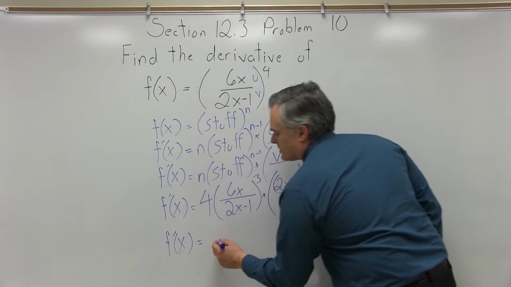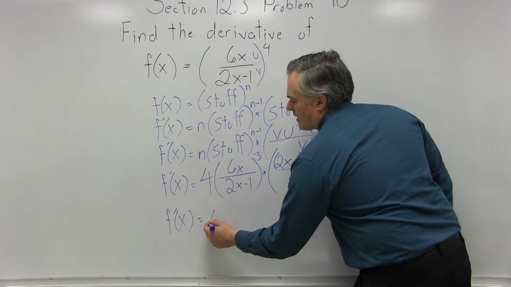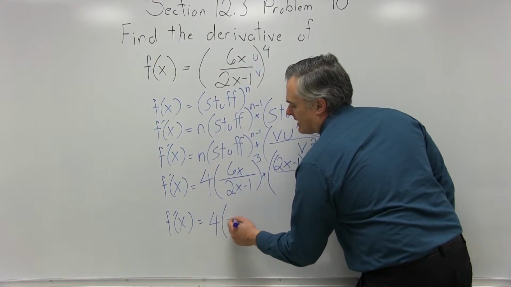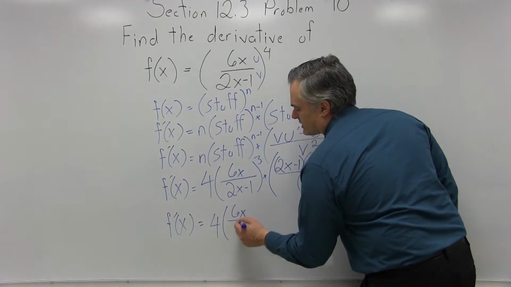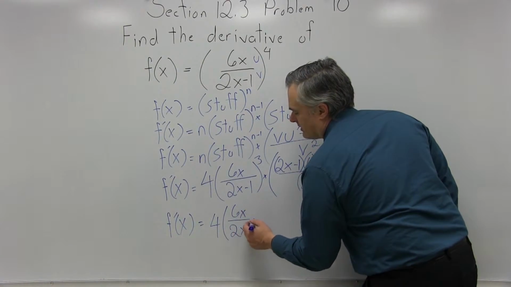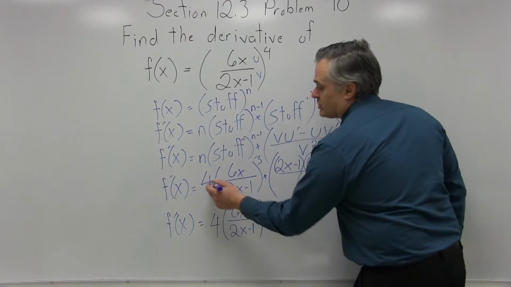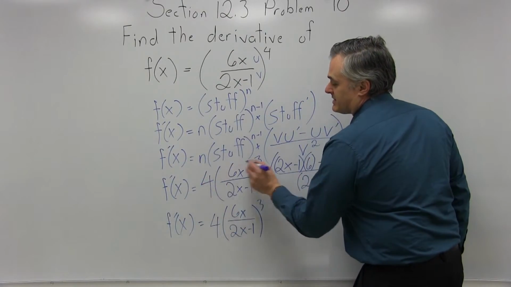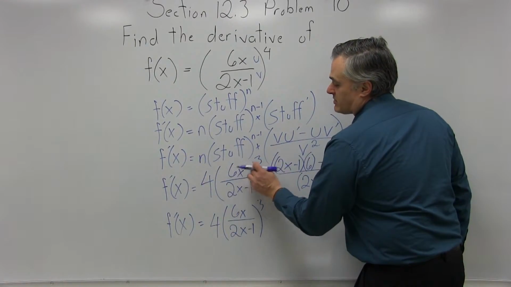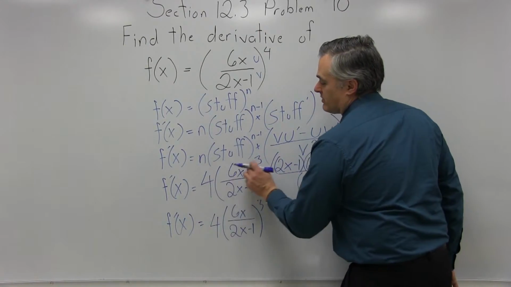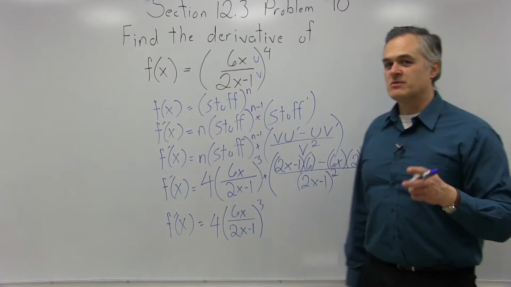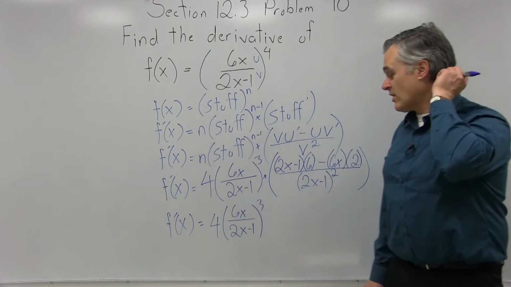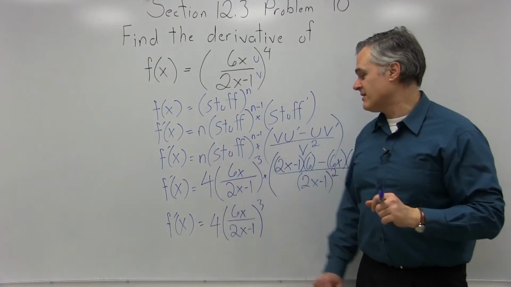F prime of x equals, I'll leave that 4 in front, times 6x over 2x minus 1, all in parentheses cubed. Notice you cannot bring the 4 in and multiply it times the 6, because the 6x in the top is raised to the third power, the 4 is not. You must do your exponents before you multiply. That's the please excuse my dear Aunt Sally rule of order of operations. So the 4 has to stay outside.